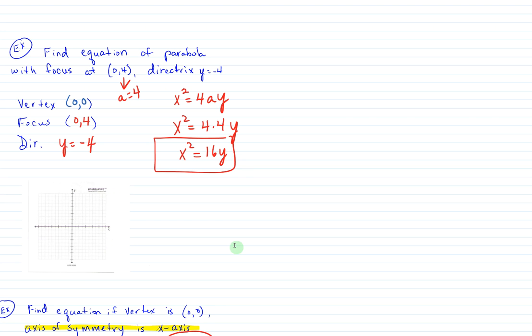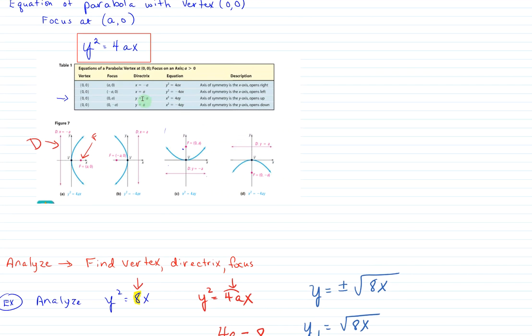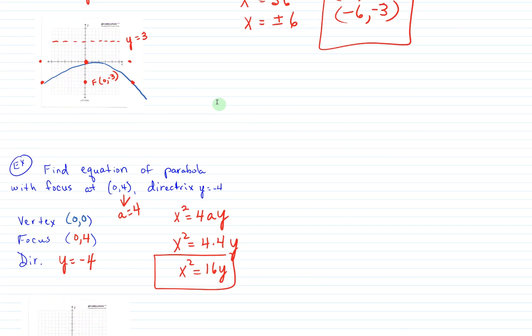Find the equation. Now this time we're not given the equation. We're supposed to find it with a focus at (0, 4) and a directrix y equals negative 4. So this tells me a is 4. If we go back here, where y squared equals 4ax, that one opens right.